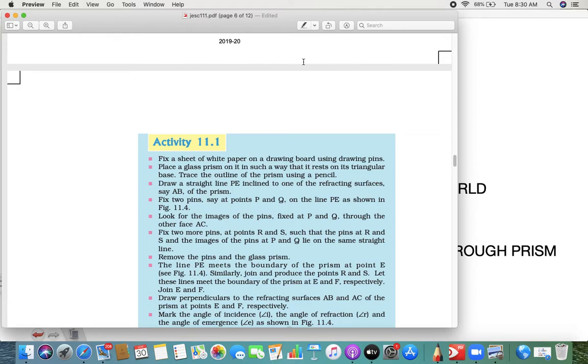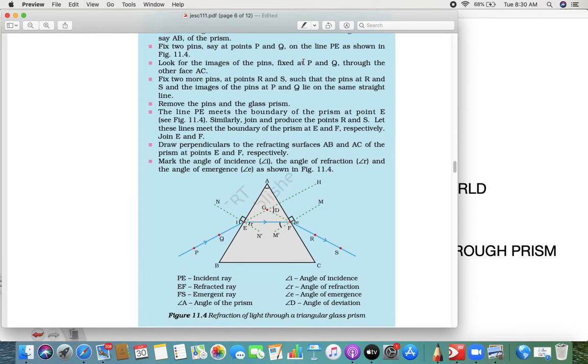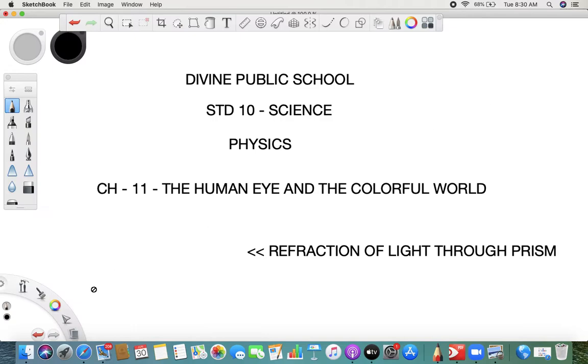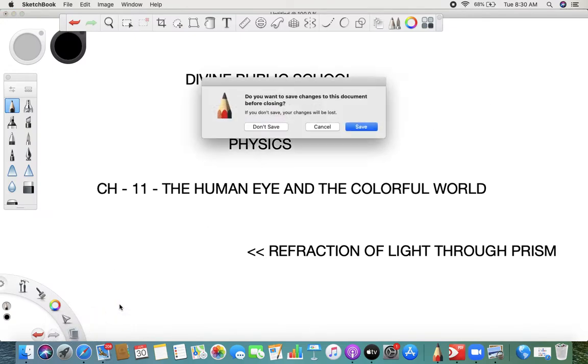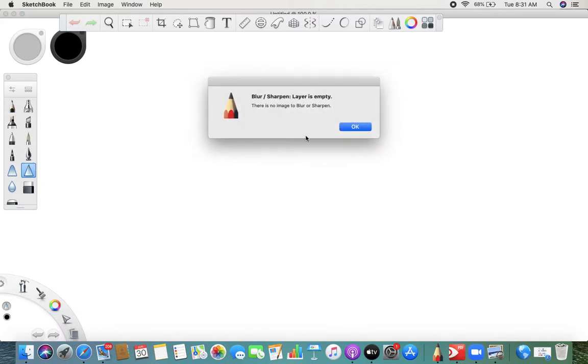Okay, so what we are saying is that this is your prism. Now let me show you the activity, what it actually says. This is your prism.